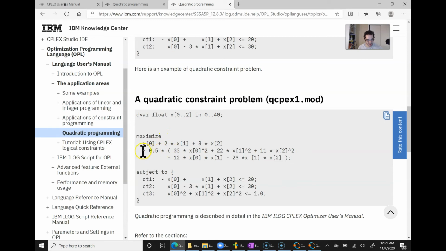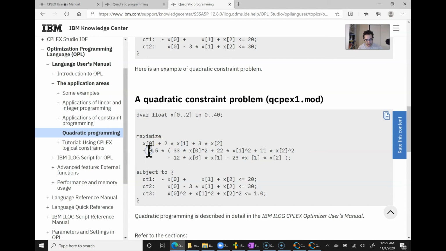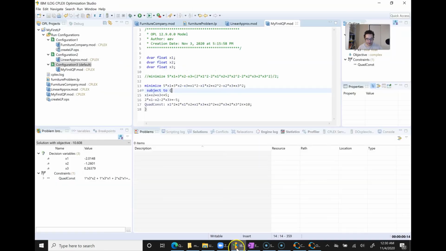The neat part is they do this traditional thing where they put a 1/2 in front, and then they put the quadratic part in parentheses. But what we've learned is you actually don't need to do that in order to solve the program. Okay, so that's sort of a quick lesson on how we implement quadratic programs in Cplex.